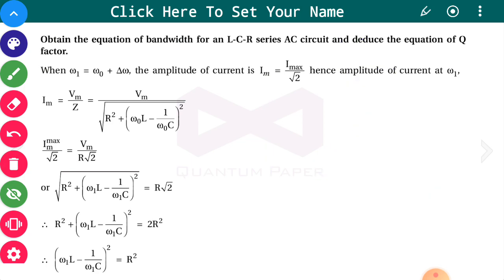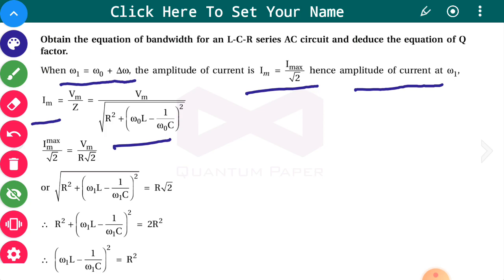Now see, when omega 1 is omega 0 plus delta omega, the current has its value I RMS upon root 2. Hence the amplitude of the current at omega 1 is Im equal to Vm upon Z, and as you know, Z is given by the square root of R square plus (omega 0 L minus 1 upon omega 0 C) whole square.